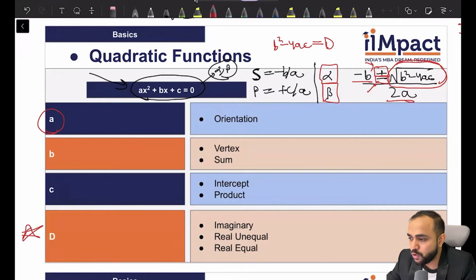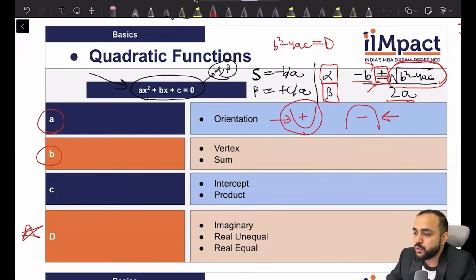We all know the graph of a quadratic is a parabola. It can either be like this or like this. This is decided on the basis of the sign of A. If A is positive, then you have an upward facing parabola. If A is negative, then you have a downward facing parabola.